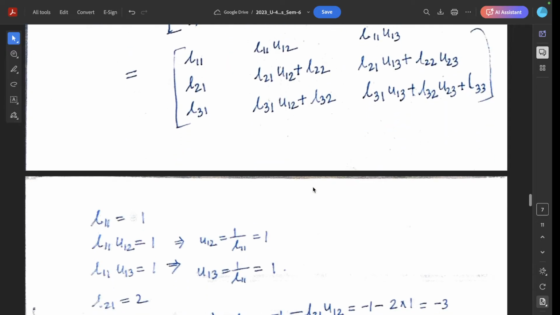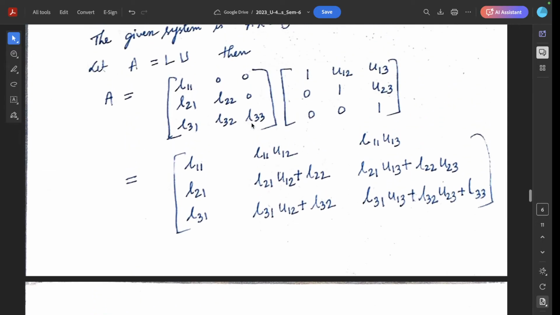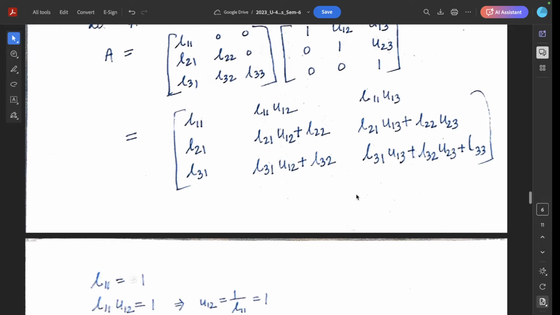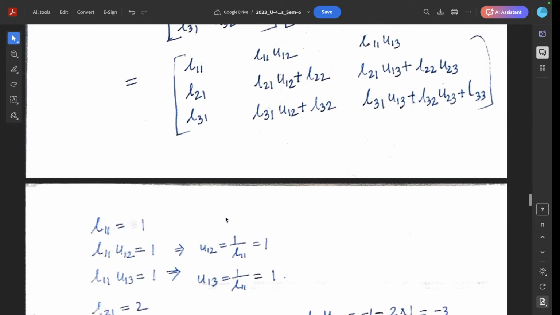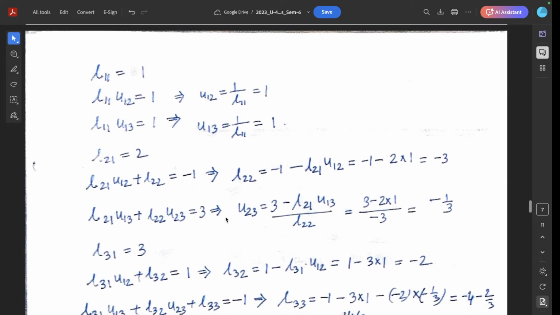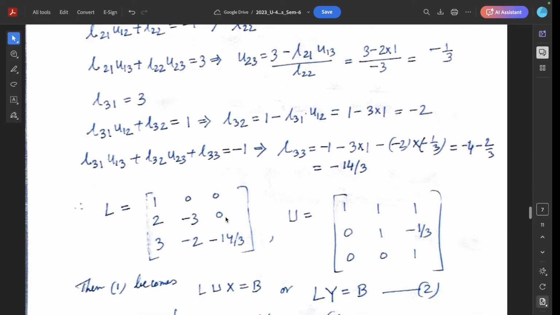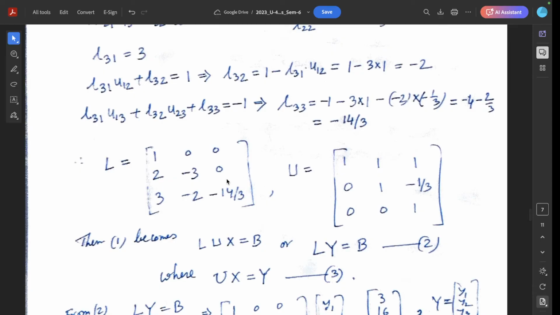Multiplying these lower and upper triangular matrices and comparing with the elements of the coefficient matrix, after simplification we get L as this and U as this: L is 1 0 0, 2 minus 3 0, 3 minus 2 minus 14 by 3, and U is 1 1 1, 0 1 minus 1 by 3, 0 0 1.